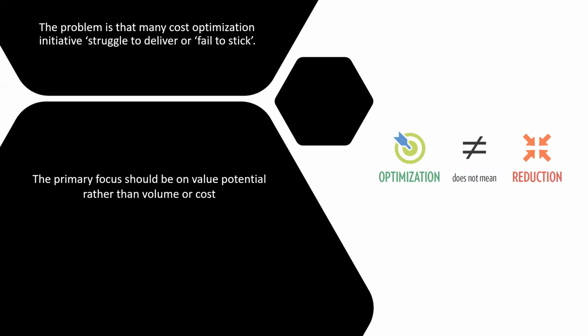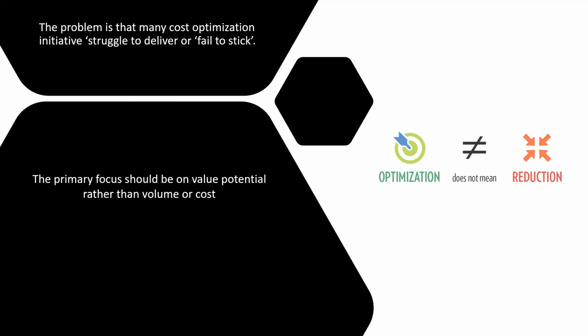Now, where does the problem come from? When it comes to cost optimization, there are two challenges: we struggle to deliver, or we fail to stick. Why? Our primary focus is always on the cost. We always think about reducing the cost and the headcount.